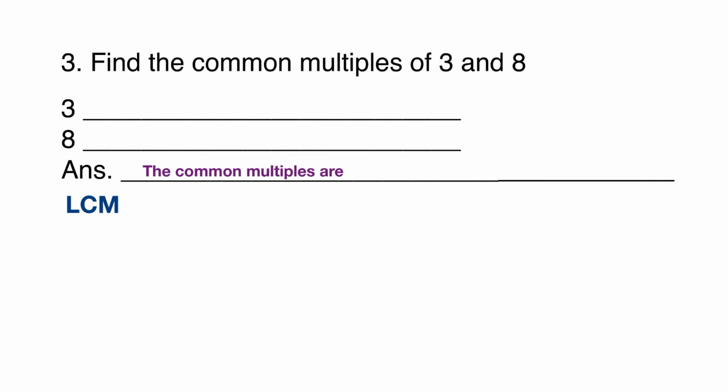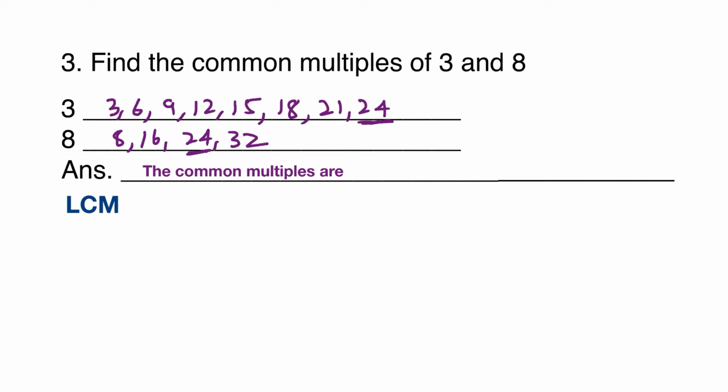One more sum I will do. 3 and 8. 3 ones is 3. Okay, you can stop here because we already have the common multiples. Can we have one more?